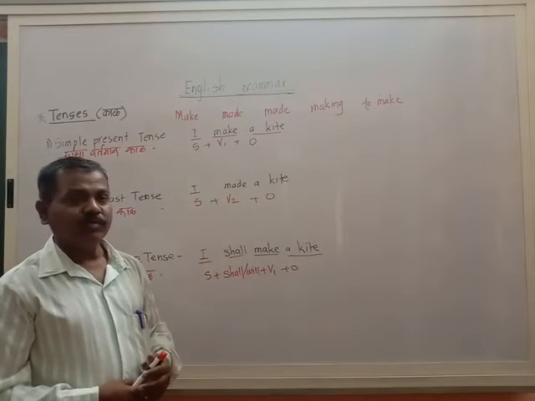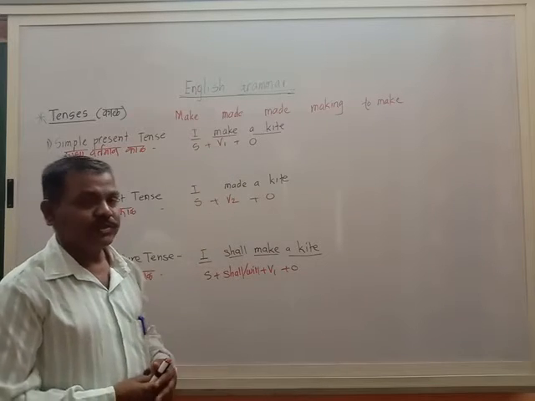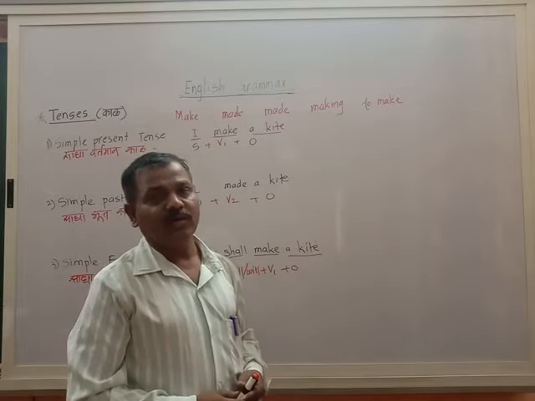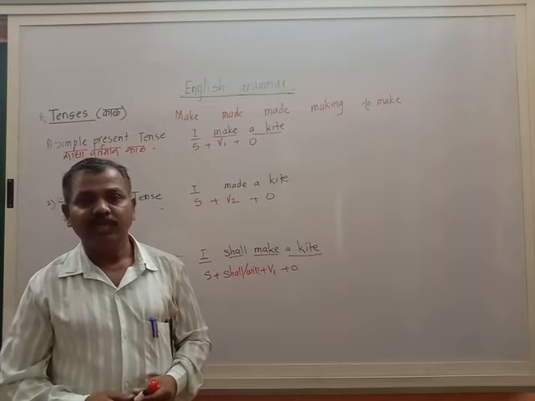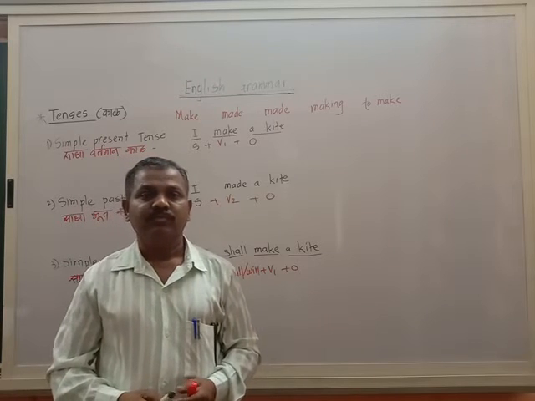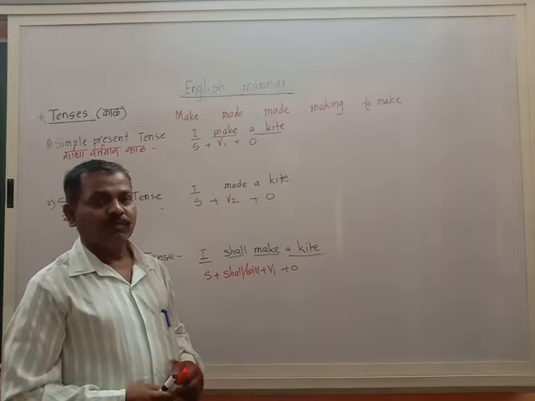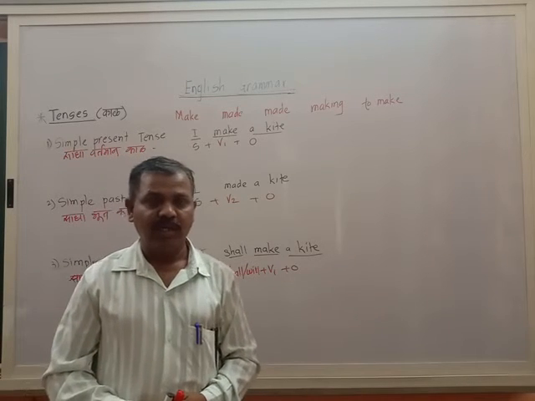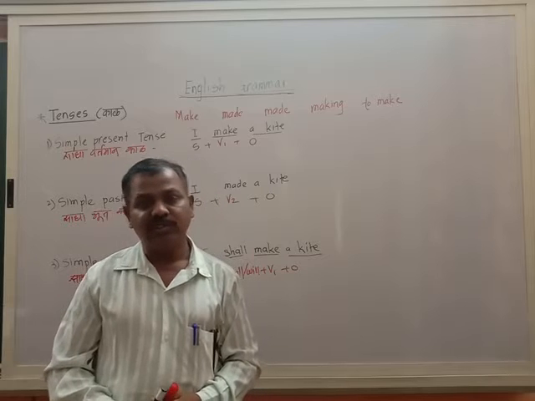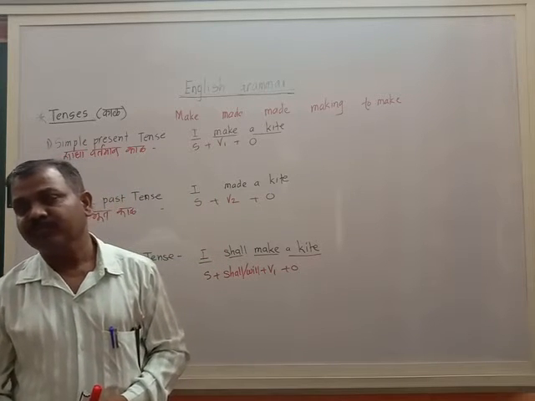What are the negative forms there? In the negative forms of all the sentences, we need auxiliary plus not. Here you will see shall not, will not, or just I gave you an idea, shall not rather than shan't, will not rather than we say won't.